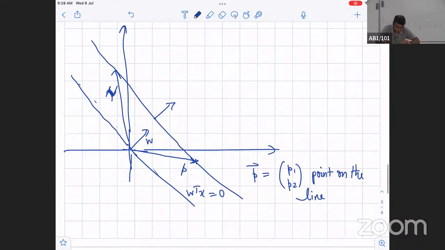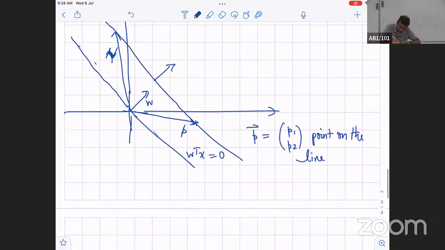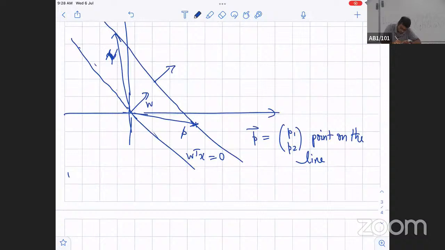I have a question here for all of you. W transpose p, what's the numerical value? I will give you 3 choices. Don't start answering. I want to see how many of you really understand this. How many of you think it's A? Can you raise your hands?